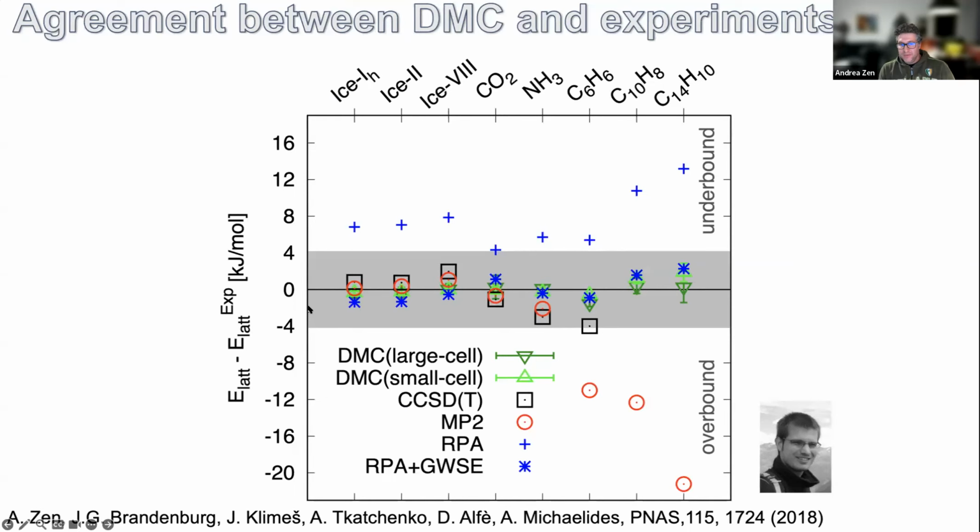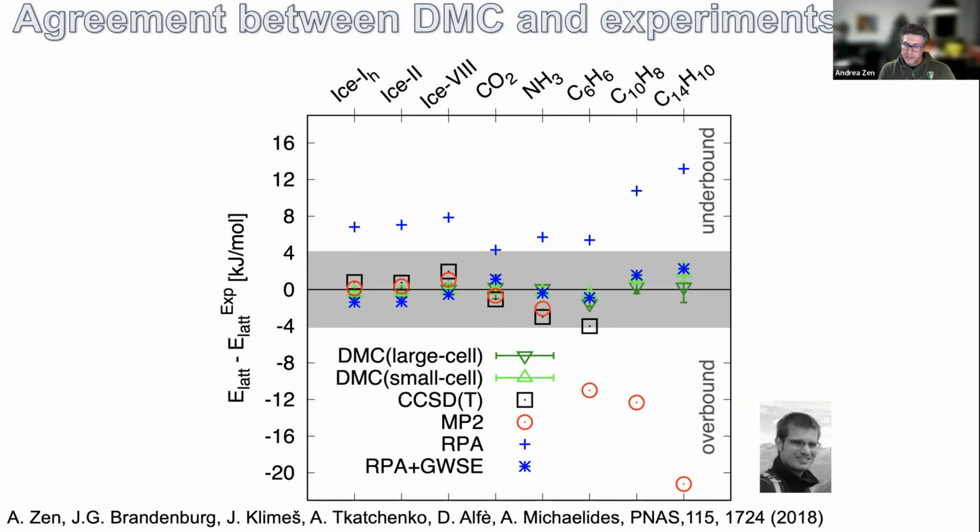But there is some experimental uncertainty that we have estimated here to be roughly plus or minus 1 kilocalorie per mole, so roughly 4 kilojoules per mole, in gray. And as you see, the numbers obtained from diffusion Monte Carlo, which are in dark or light green here, are always within the uncertainty.